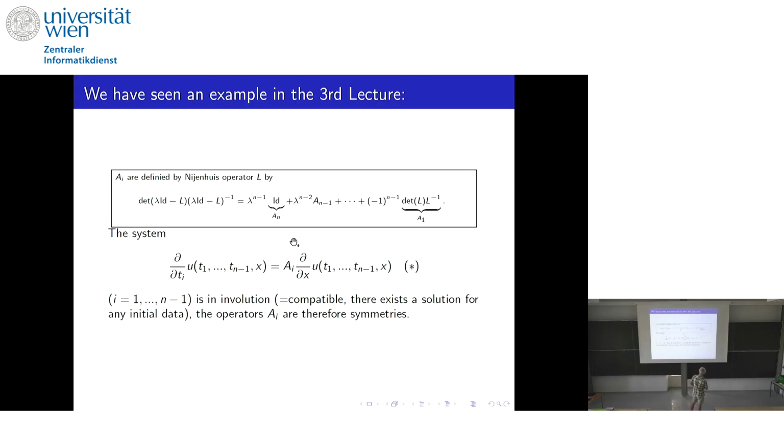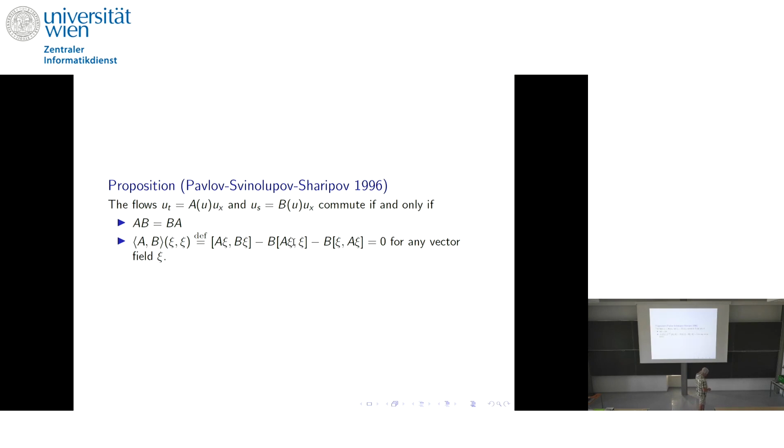There are, of course, other examples. One can ask the question: given A, when does there exist B, or how to check whether A and B commute. That definition was given globally, not to be checked by definition.